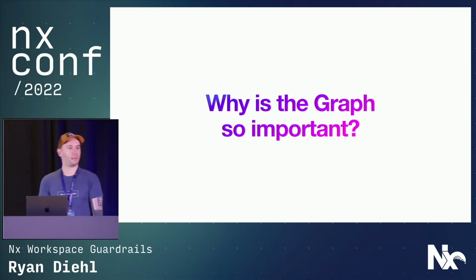Well, this is actually pretty simple to answer. The graph is used for everything: detecting dependencies between every bit of code, orchestrating tasks, knowing what is affected by our code change, and managing the caching system.